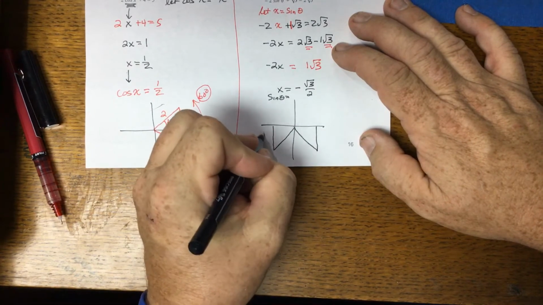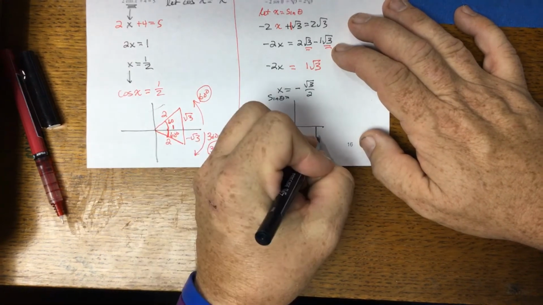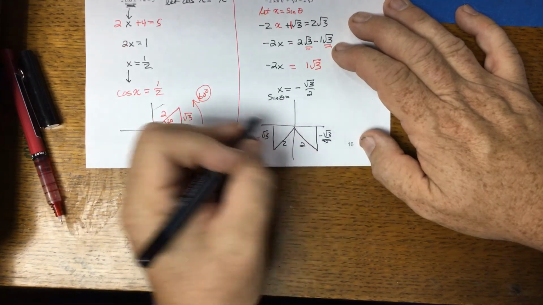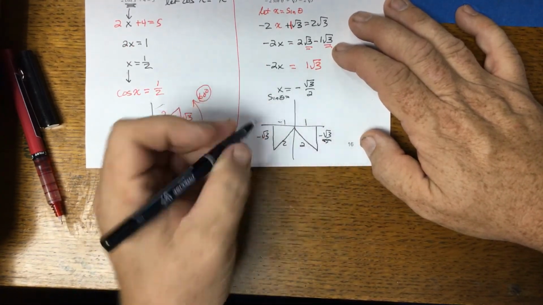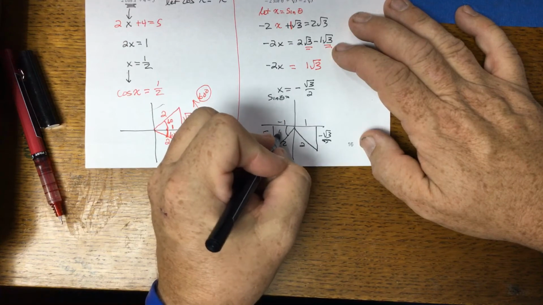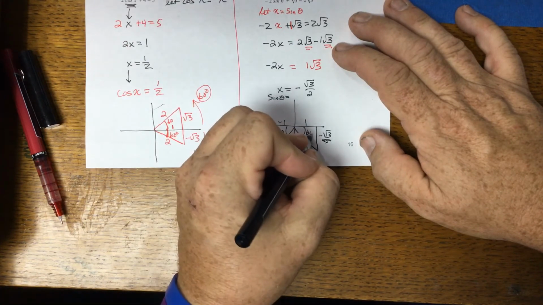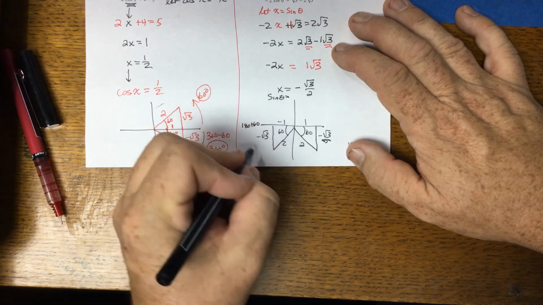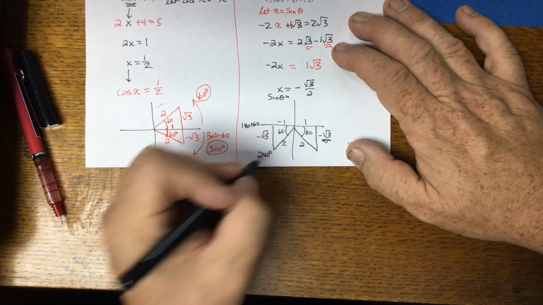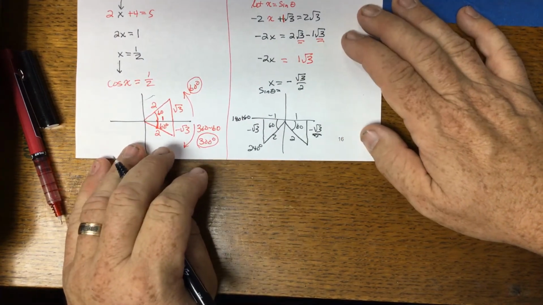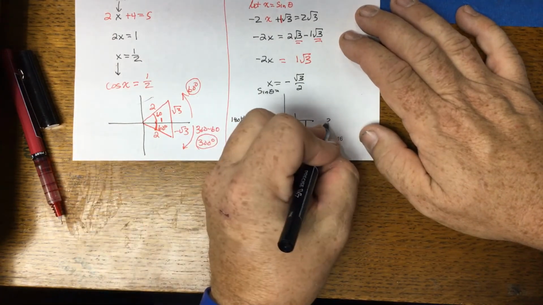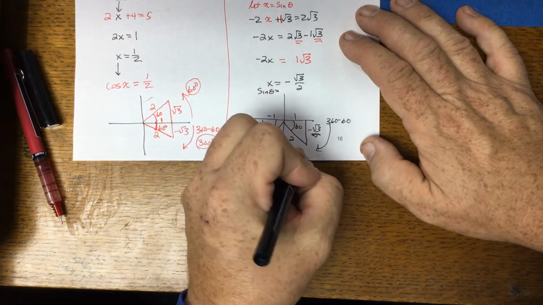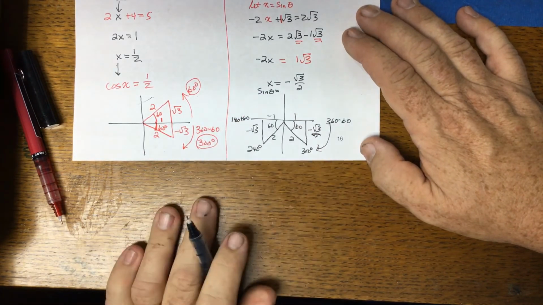And we got negative root 3 over 2, and our negative 1 and our 1. That means we're at a 60 degree and a 60 degree. So this will be 180 plus 60, so we get 240 degrees. And then the last one, we do 360 minus 60. And again, we're at 300 degrees.